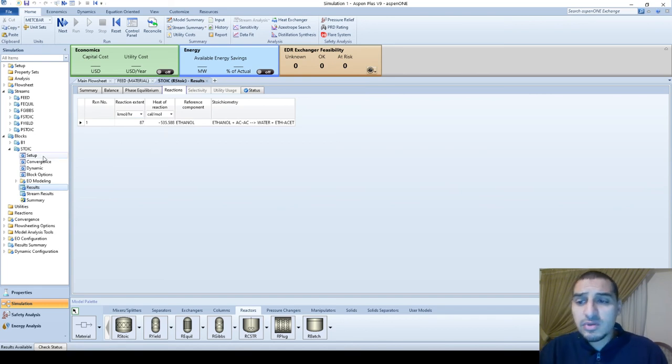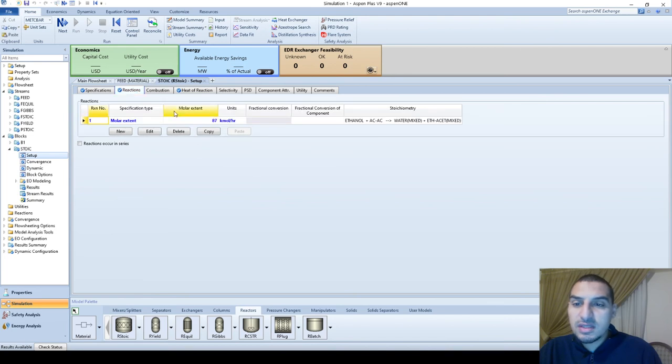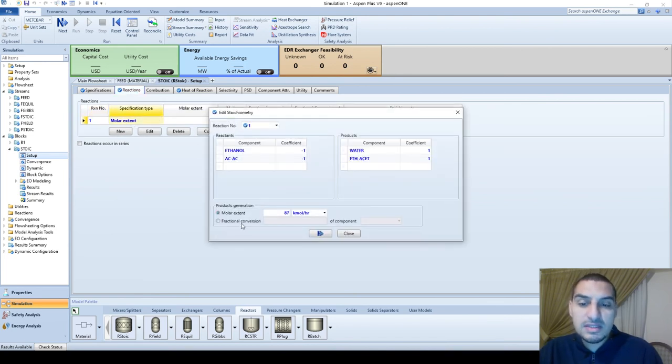So it's an important thing that you need to keep in mind: the reference temperature, pressure, and the reference state as well. Let's see the last thing about the reactions that we need to talk about, which is that when you define the fractional conversion, you can ask the software to give you the fractional conversion of a component, and this is a fraction, so it has to be between 0 and 1.